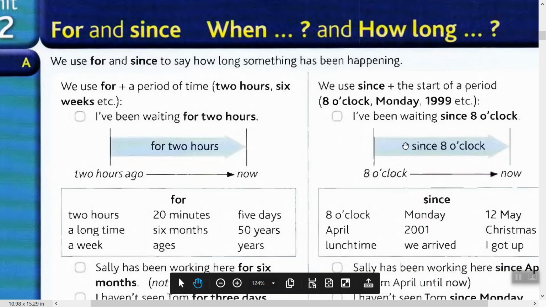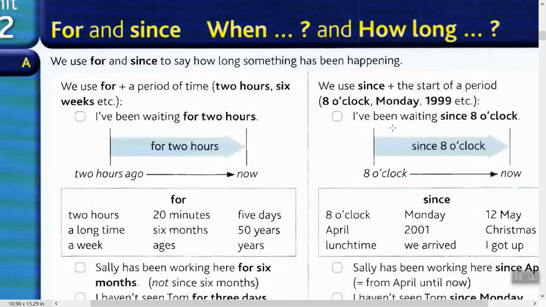You see, the beginning. For example, I have been waiting since 8 o'clock. The beginning, since Monday. For example, I haven't seen my friends since Monday. Since March. Or we can use for. We can say I haven't seen my friend for a month.